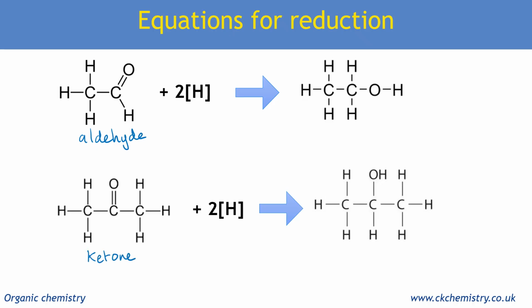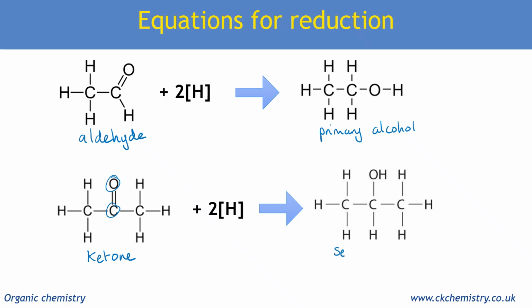With ethanal, we are producing a primary alcohol. If you look at the product, we have added an H to this carbon, and we've also added an H to the oxygen. So it looks a little bit different because it's drawn differently, but we just added hydrogen across the double bond. The ketone, exactly the same thing has happened, added an H here and here.